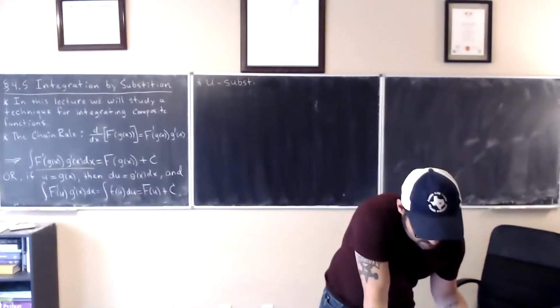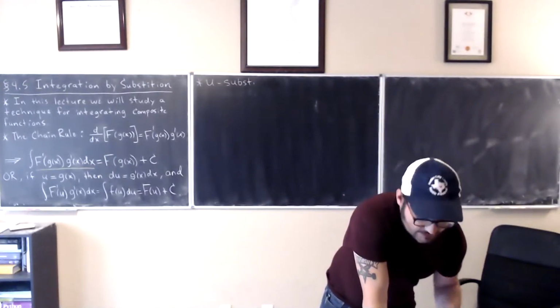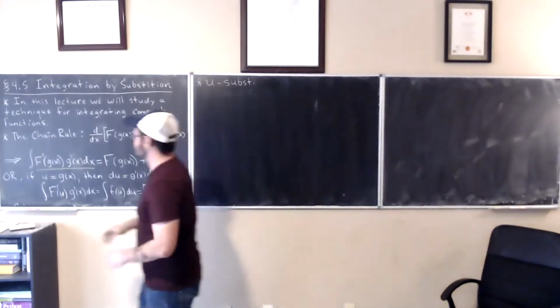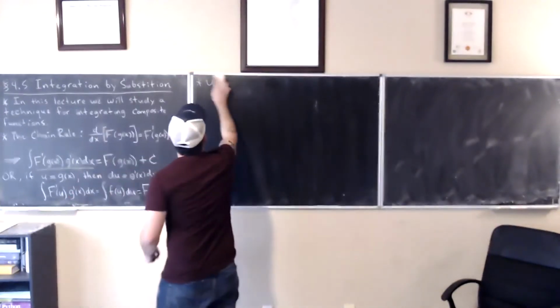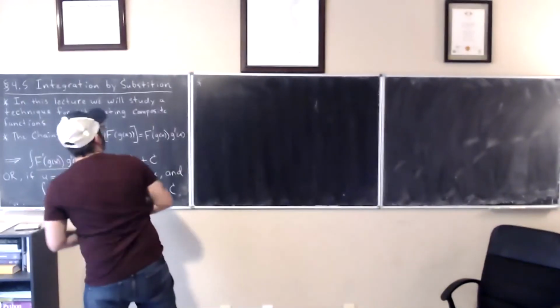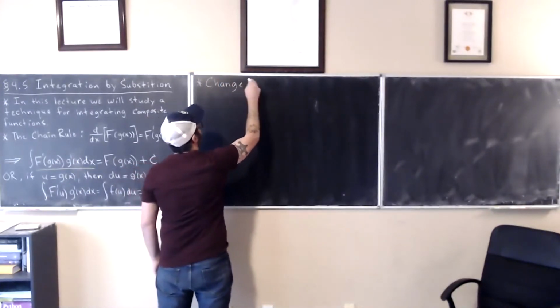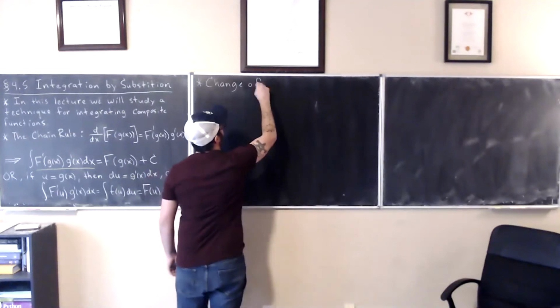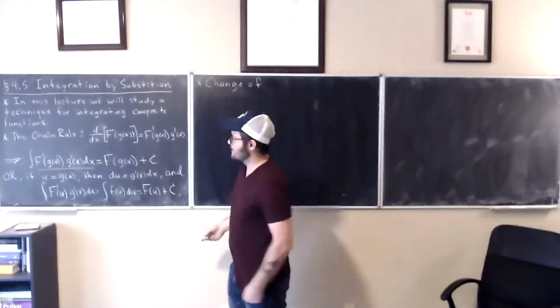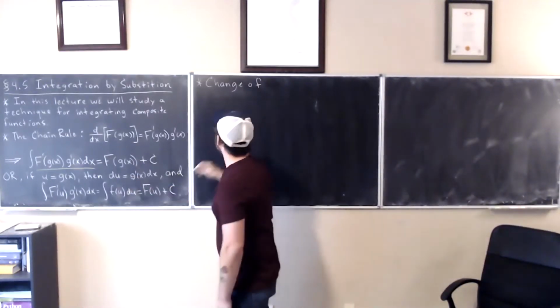Your textbook calls it change of variables, sometimes called U substitution. And this is a technique for figuring out how to find the antiderivative of these composites.